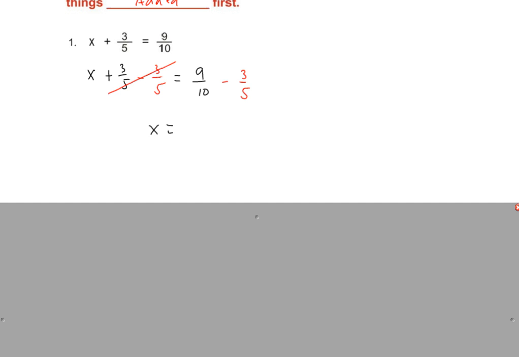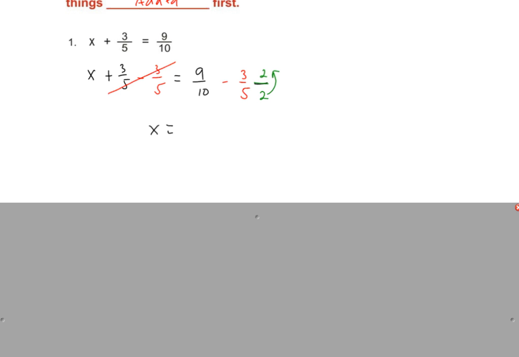Because as soon as we look at 9/10 minus 3/5, our brain should say, oh, I need a common denominator, because I'm adding fractions. And so hopefully you decide the lowest common denominator is 10, and therefore I'm going to multiply the second fraction, I want that to be green, with a 2 on the bottom, right, to get our 10. And whatever we do to the bottom, we'll do the same thing to the top.